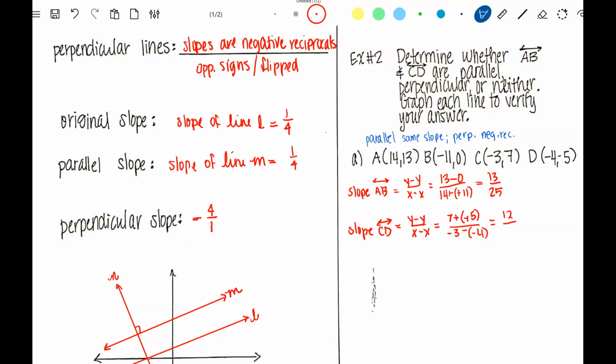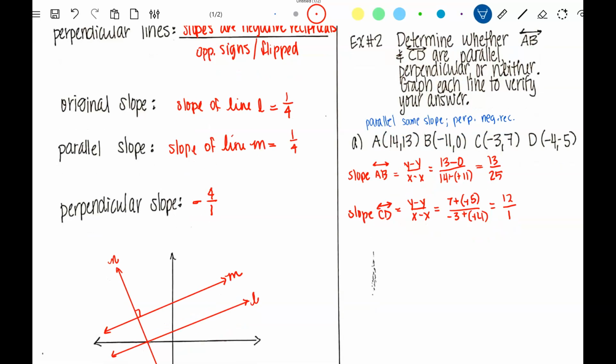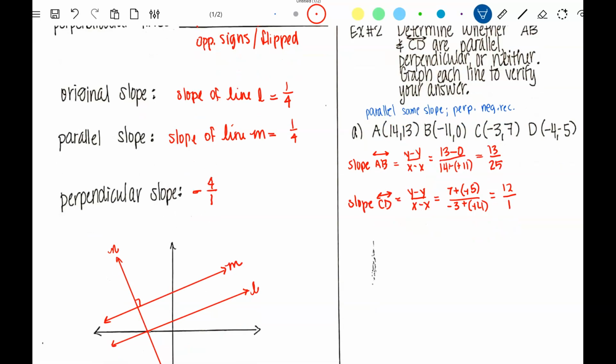So we have 12 over 1. Since the slopes are not the same and they're not negative reciprocals of each other, they are neither parallel nor perpendicular.